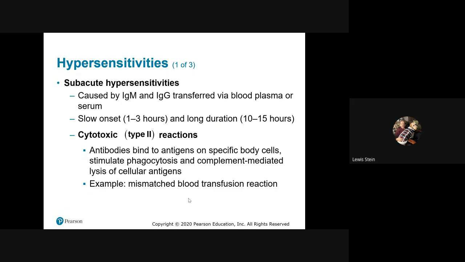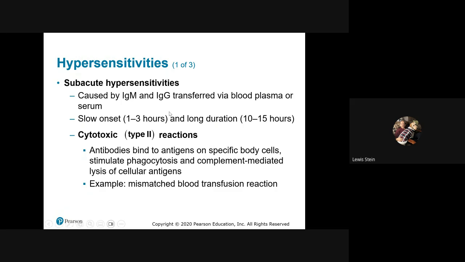Subacute means really that maybe that's a better way to explain. Just let go with the description of the PowerPoints. You can see one of three types, the way they classify it now. These are mediated by both IgM and IgG, and typically these are associated with transfusion reactions. They take more time. Again, it's not that initial because of the mast cell.